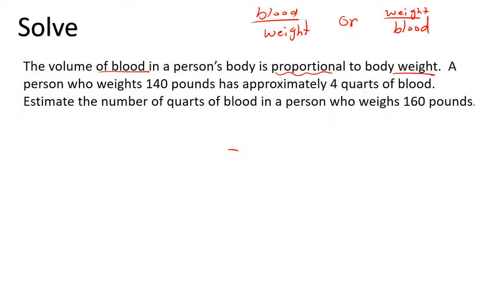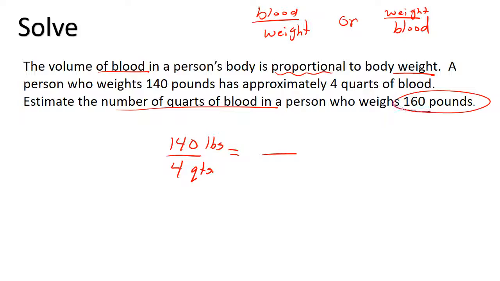So we're going to set two fractions equal to each other to form a proportion. Here I have a person who weighs 140 pounds, so I'll start with weight, and that person has approximately 4 quarts of blood.